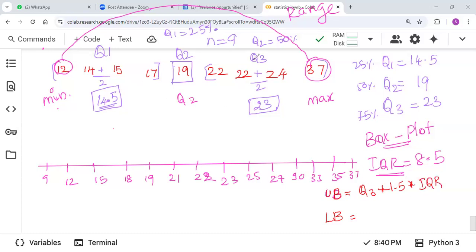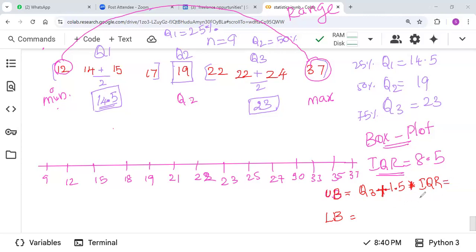Q3 is the quantile 3, right? This is the value Q3, 23, plus 1.5 is the default threshold value, guys. 1.5 times the IQR is going to determine the accepted range of value.